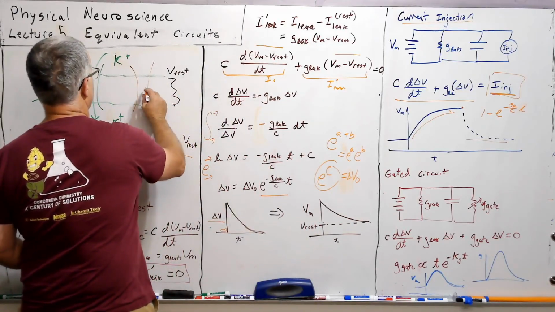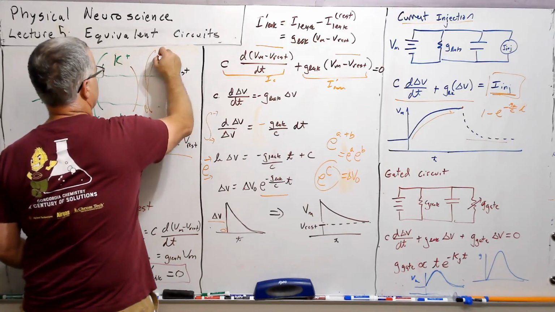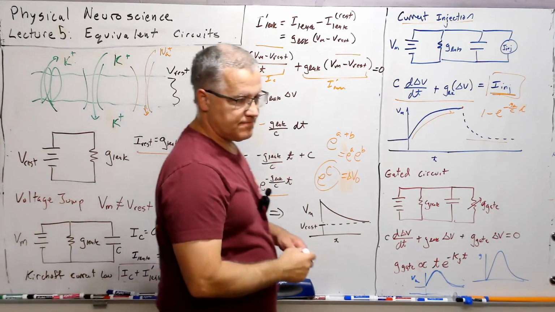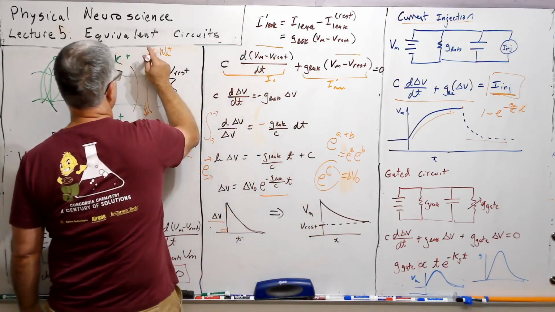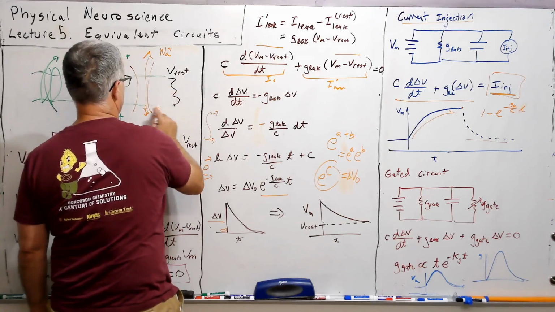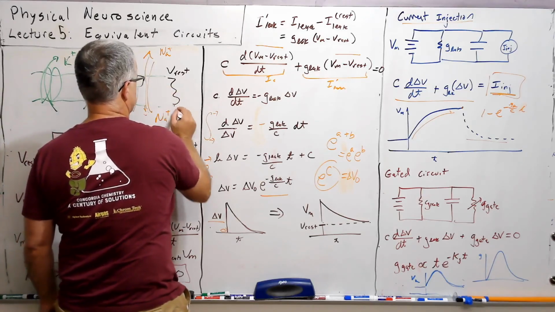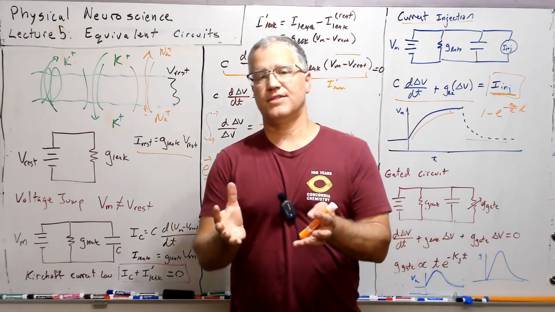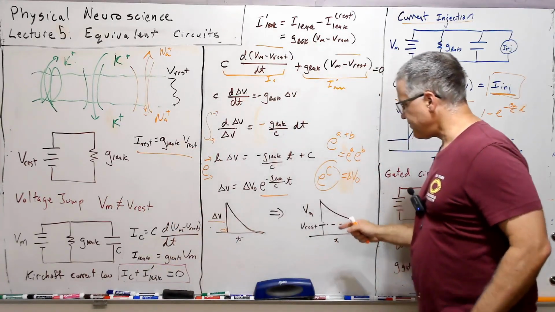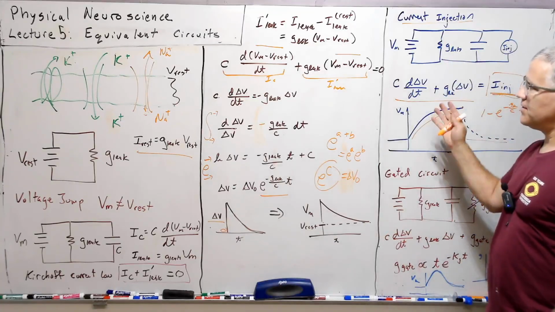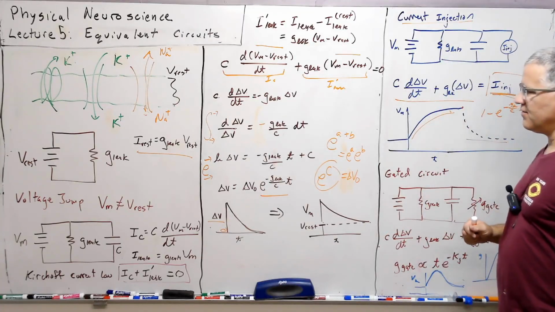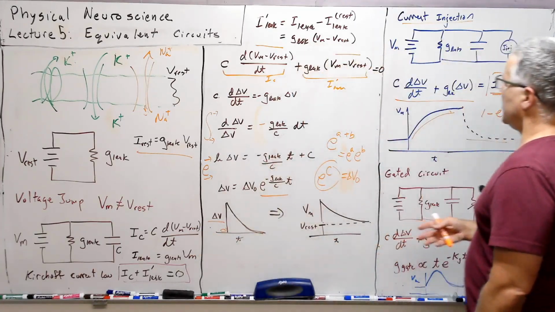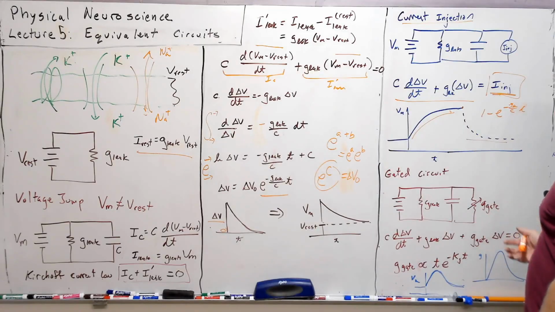So maybe this is sodium. It's a sodium channel that turns on at some voltage, and then turns off at another voltage. So if we're at the rest voltage, it's off. If we hit a voltage that's above rest, it turns on.